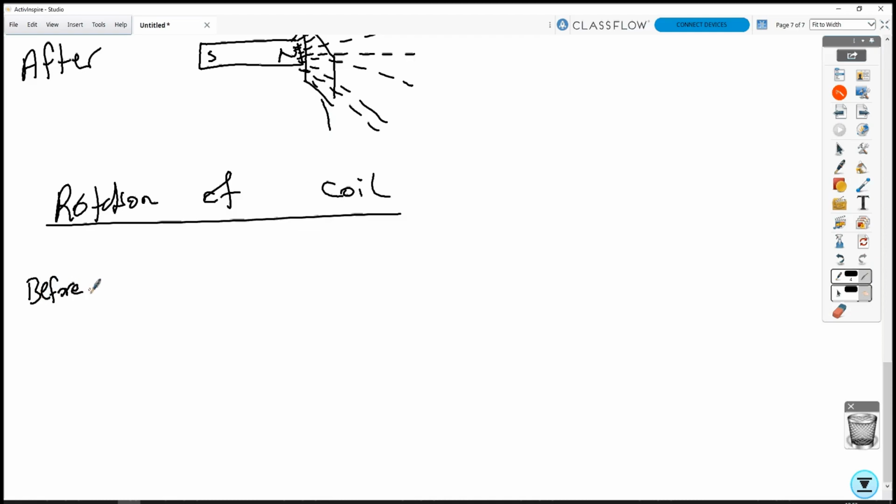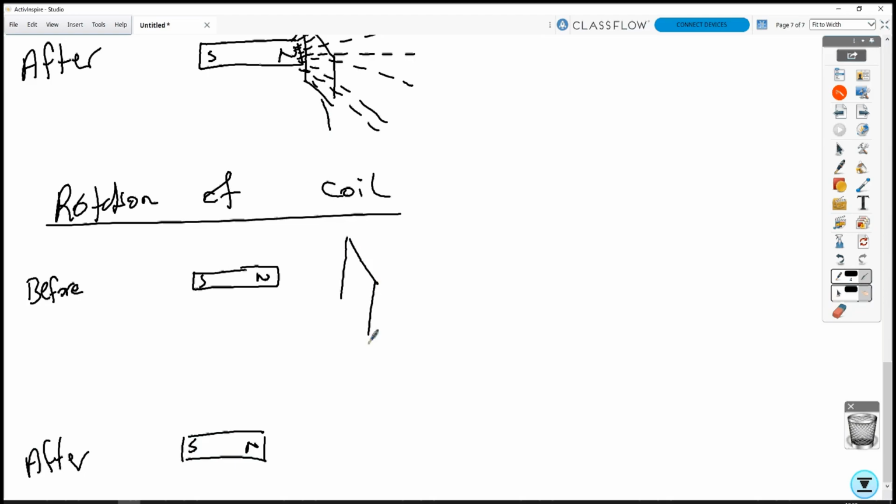So we'll do before and after. So we'll draw our magnets again in the same way, north, south, north, south. And we'll draw the coil in the first example as facing towards the magnet so that the flux lines go through the area of the coil.